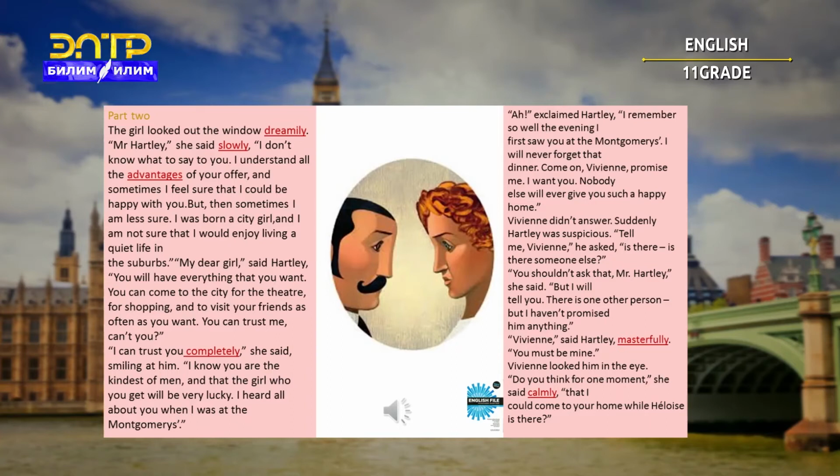I heard all about you when I was at the Montgomerys. Exclaimed Hartley, I remember so well the evening I first saw you at the Montgomerys. I will never forget that dinner. Come on, Vivian. Promise me. I want you. Nobody else will ever give you such a happy home.